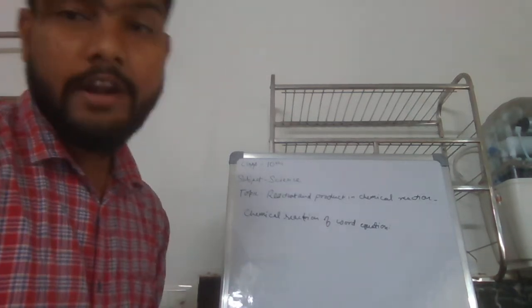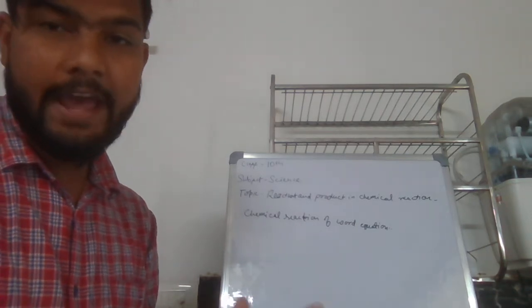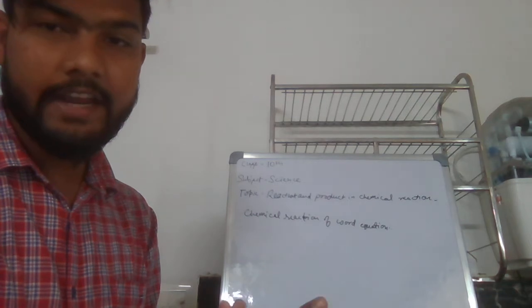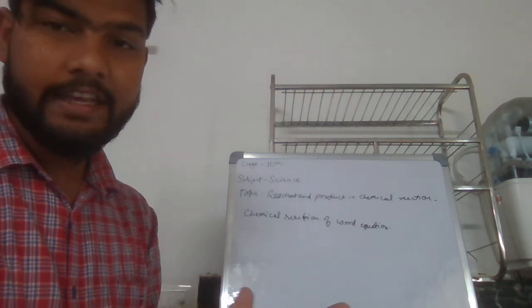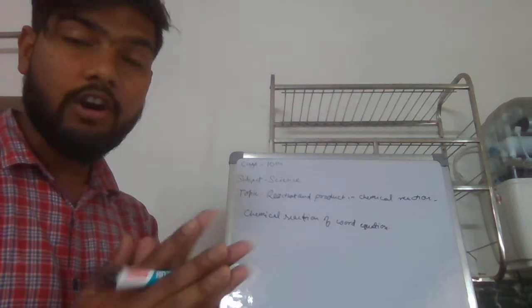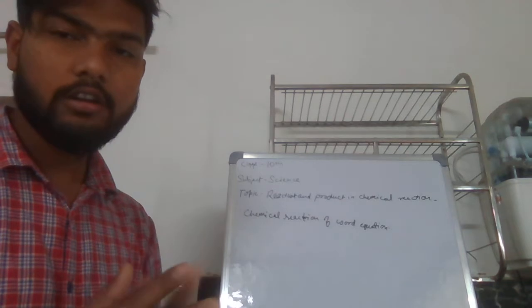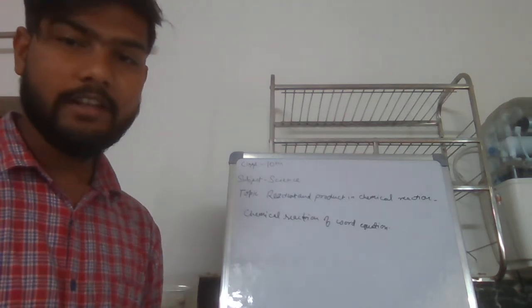A word equation is a chemical reaction expressed in words. It helps identify the reactants and products in a chemical reaction. A word equation shows the change of reactants to products through an arrow placed between them.